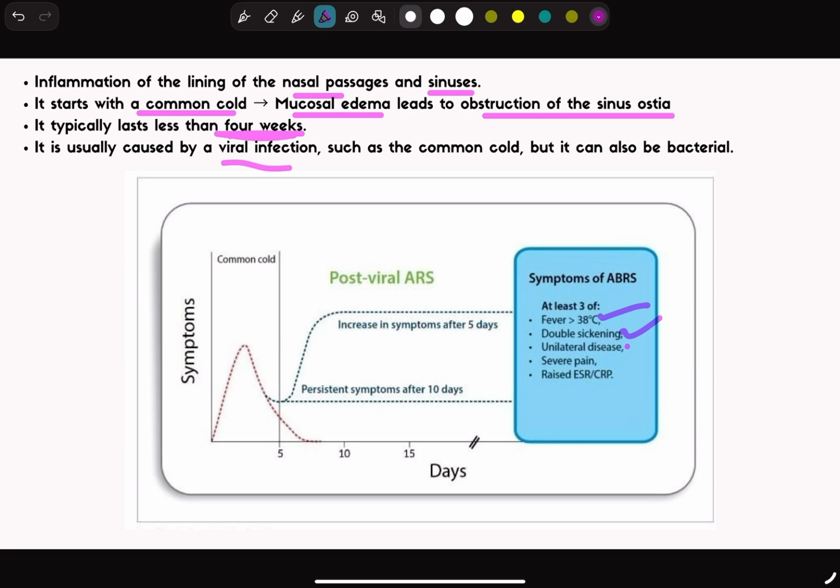If they have unilateral nasal discharge, colored nasal discharge, severe pain, and when you do blood tests they have high inflammatory markers, that will indicate there is some bacteria going on. So if we have 3 of these, fever, double sickening, unilateral discharge, severe pain, raised inflammatory markers, any 3 of these will indicate this is not just viral, no, it is bacterial.